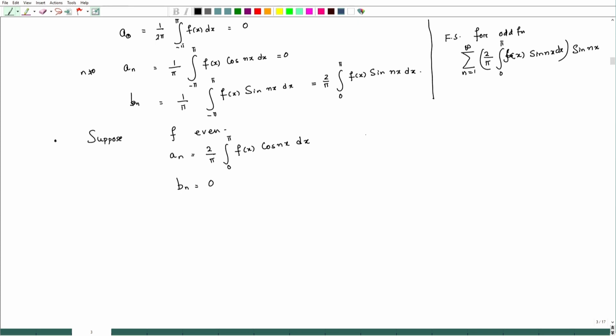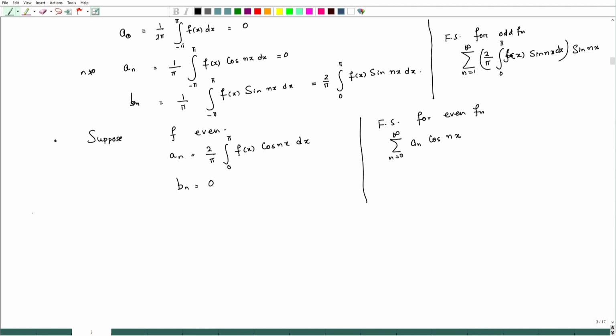And the Fourier series for an even function is the summation n equal to 0 to infinity of a_n cos(nx), where a_n is given by this formula. So, this is called the cosine series, and that is the sine series. Now let us compute a few examples, their Fourier coefficients a_n and b_n.